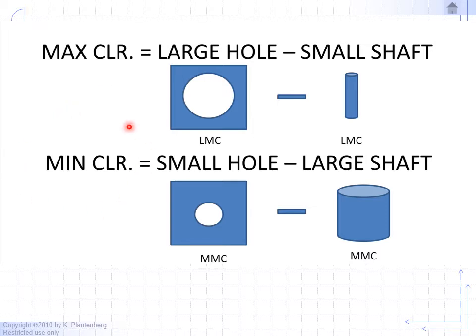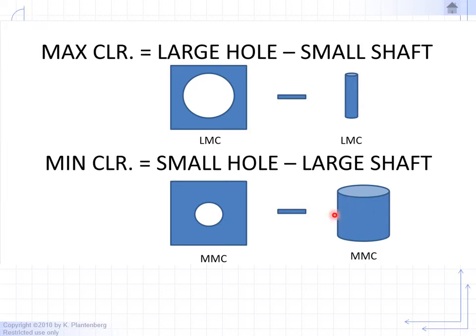Now the minimum clearance will be when you have the MMC, the maximum material condition for the block, minus the maximum material condition for the shaft. In other words, it's just a small hole, the smallest hole allowed, minus the largest diameter shaft allowed.